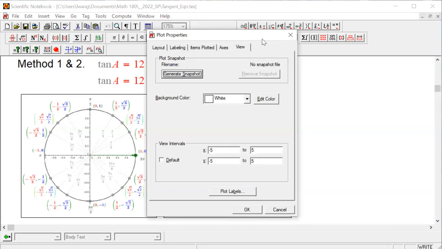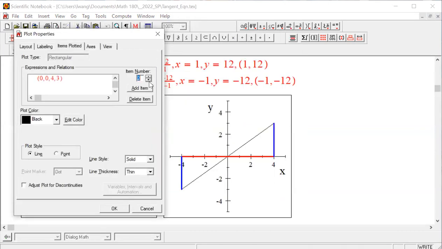Let's do it. For 1 and 12, X is 1, Y is 12. This is -1, -12.